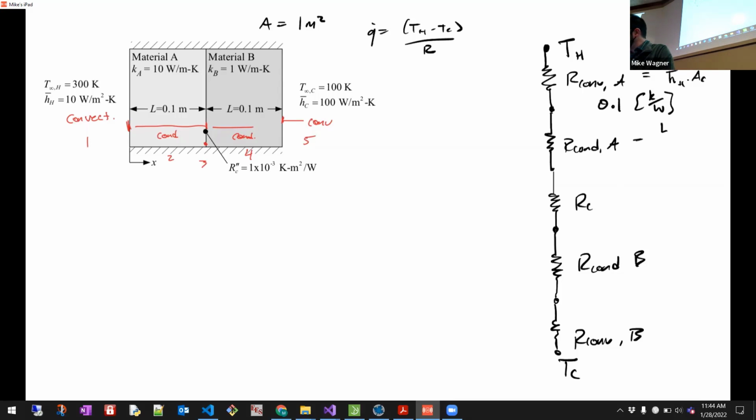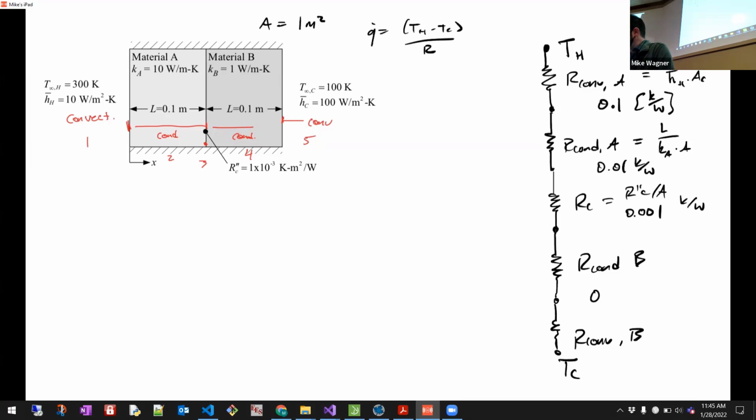Now we have L over kA, so it's just L, which is 0.1, over k times A. I'll just write them out; I have them written down already. 0.01 Kelvin per watt. Our contact resistance is R double prime C over A, so it's just R double prime C, that's 0.001 Kelvin per watt.